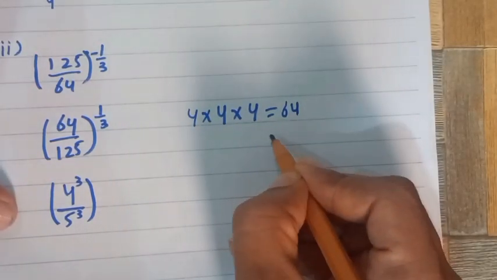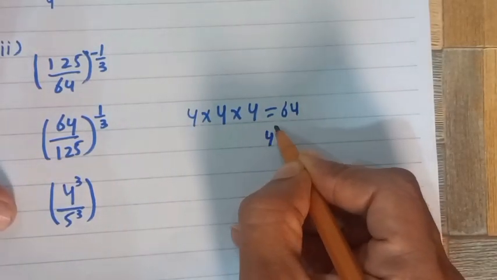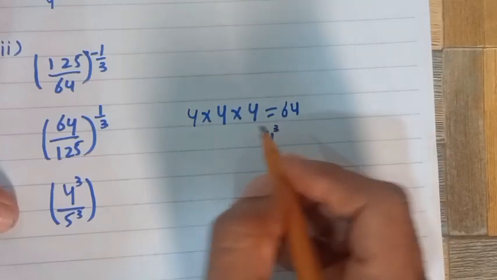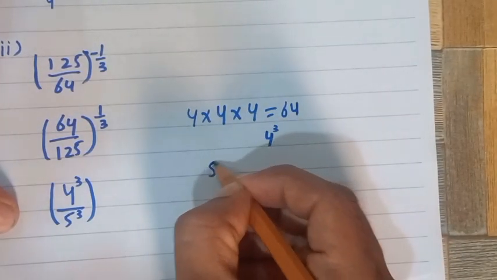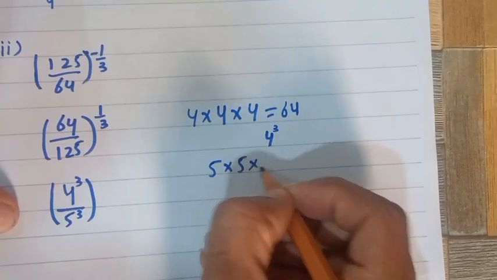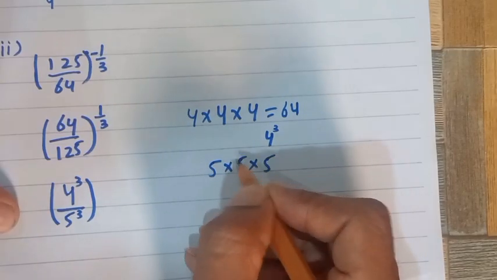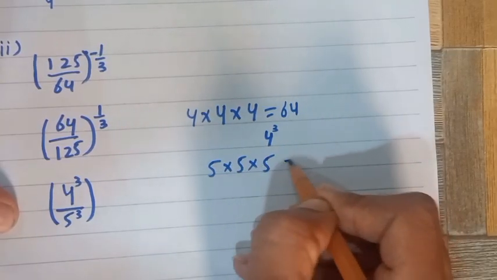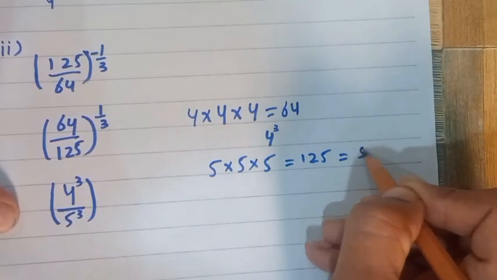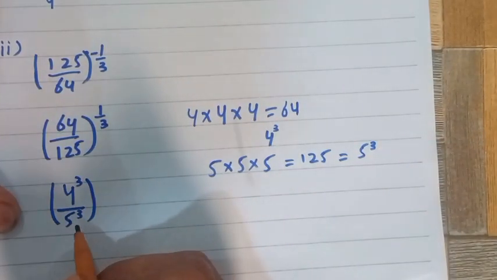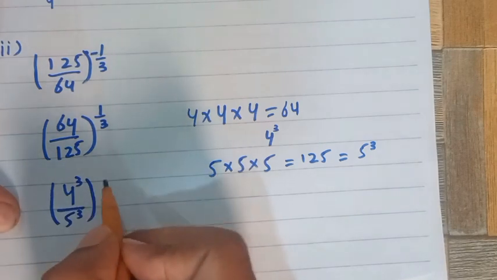So I will make it 4 power 3, or 4 cube. If I go for 125, this will be 5 multiply 5 multiply 5. 5 multiply 5 is 25, 25 multiply 5 is equal to 125, or 5 cube. I simplified it.